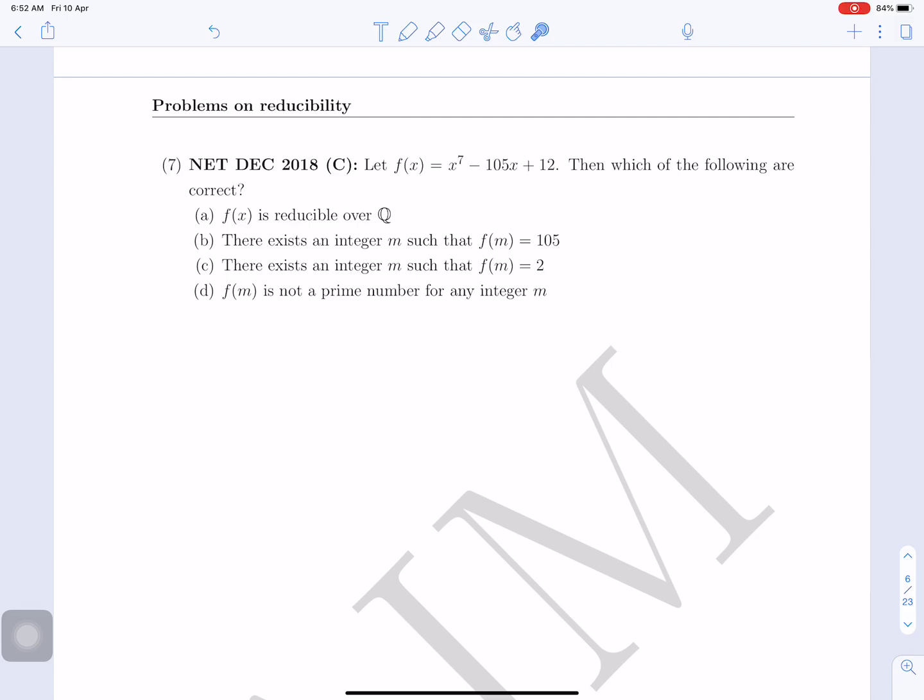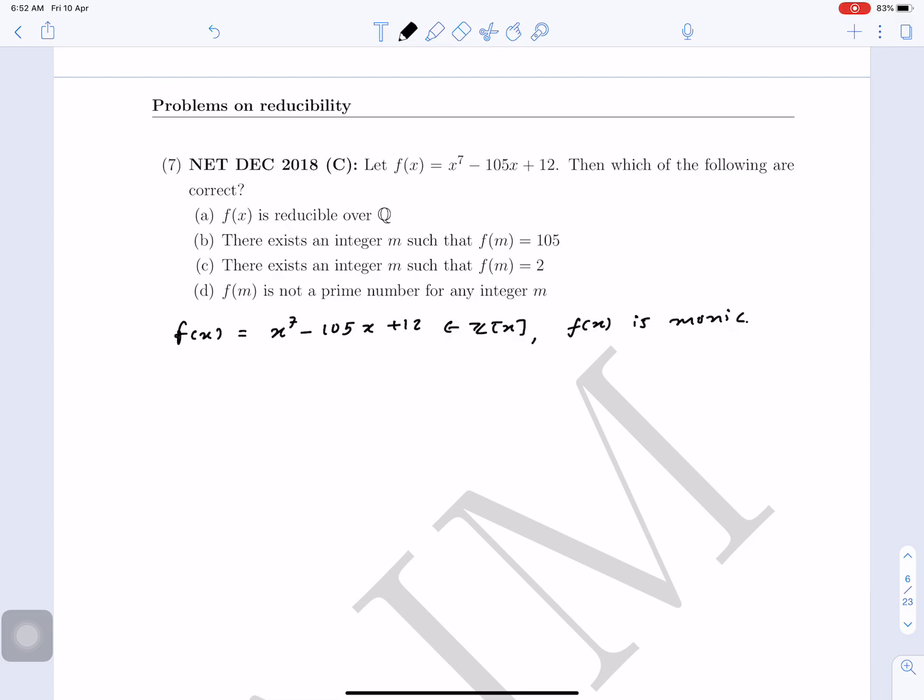So first observation, here f(x) is equal to x raised to 7 minus 105x plus 12. It is over Z[x], or you may say it is over Q. It belongs to Z[x], and f(x) is a monic polynomial.